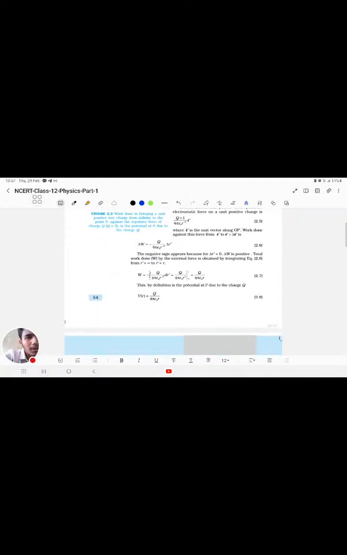KQ by R, potential at point P due to the charge Q is this, and if I have to find the work done... okay, work done in bringing unit positive charge will be equal to that of the potential, அப்படின்னா work done in bringing some amount of charge will be equal to the potential multiplied by the charge.